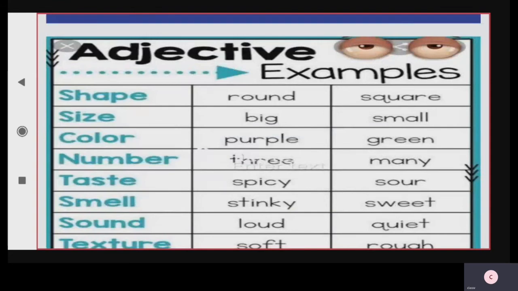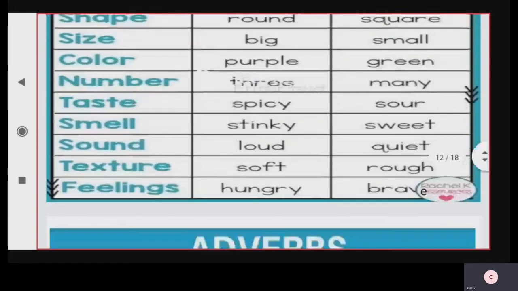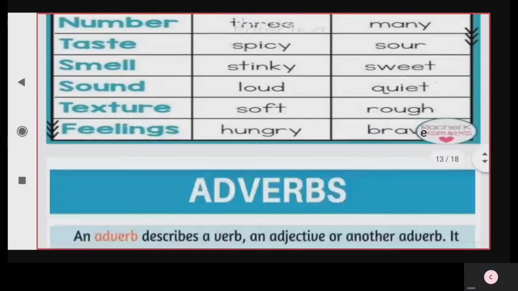Smell: stinky, sweet. Sound: loud, quiet. Texture: soft, rough. Feelings: hungry, brave. Children, these are some of the words that come under adjectives.